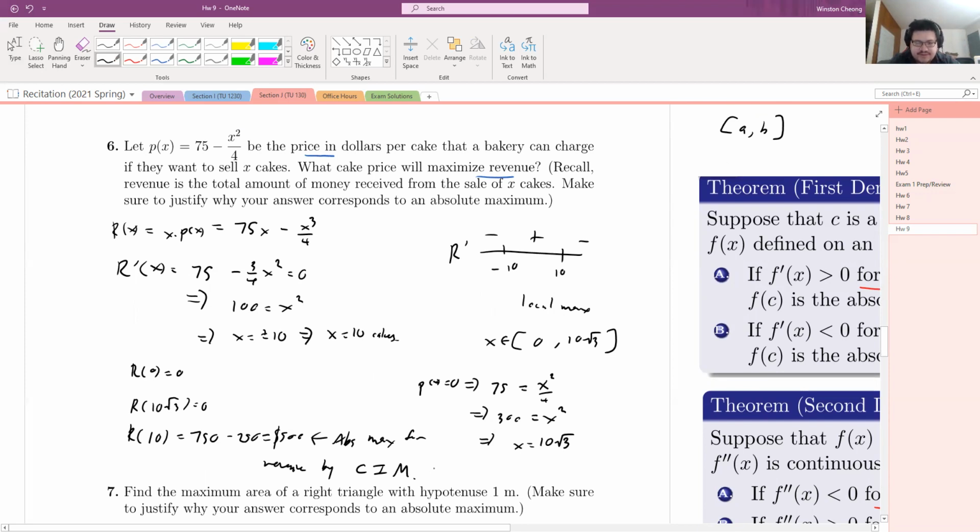The cake's price is P of 10, which is going to be 75 minus 25, which is equal to $50 per cake. So this is the cake price that's going to correspond to maximizing revenue. And so that's the answer.